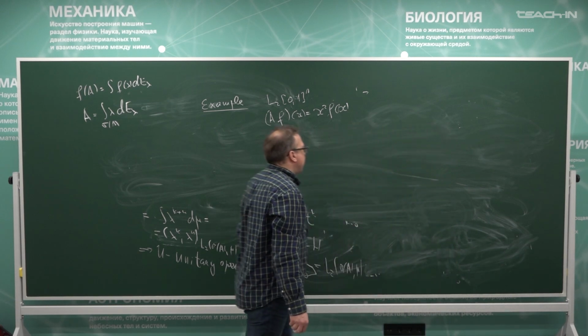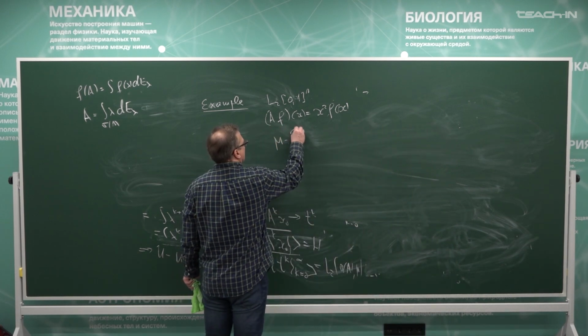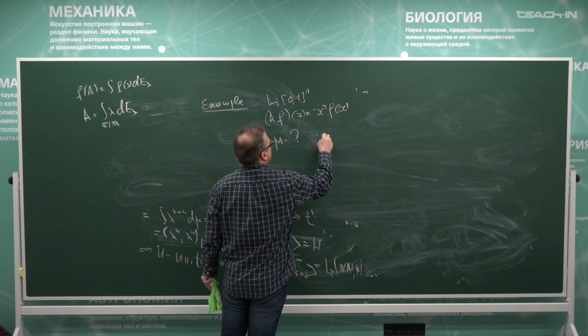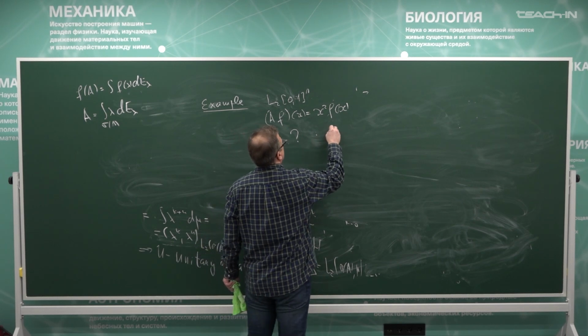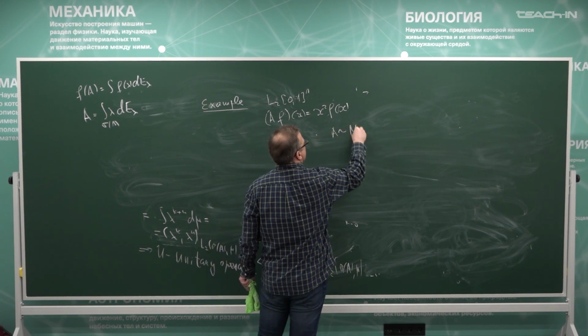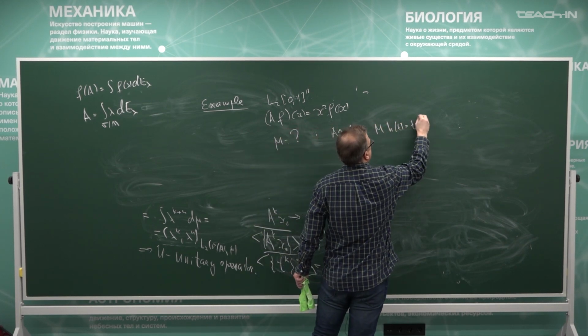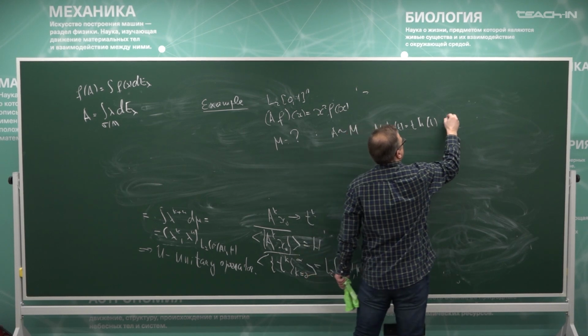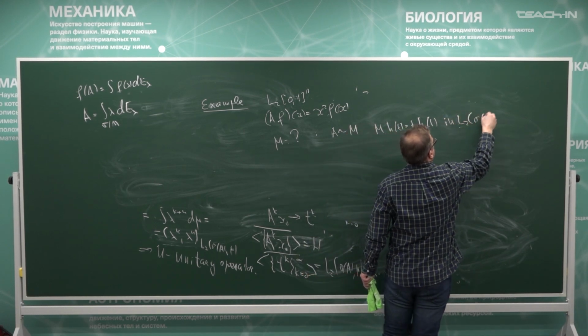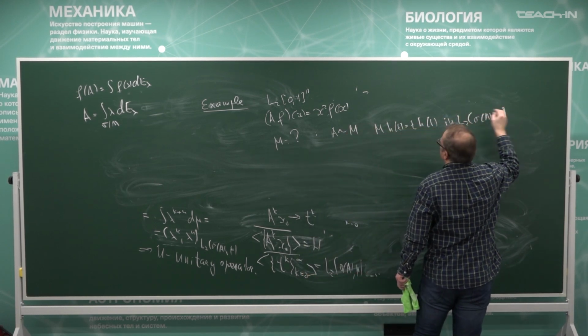So find a measure mu such that A is similar to M, where M h(t) equals t h(t) in L2 on the spectrum of the operator with such measure mu.